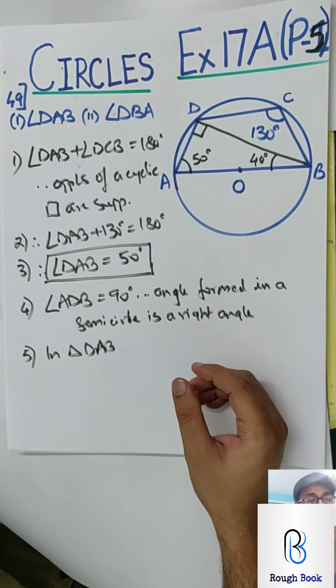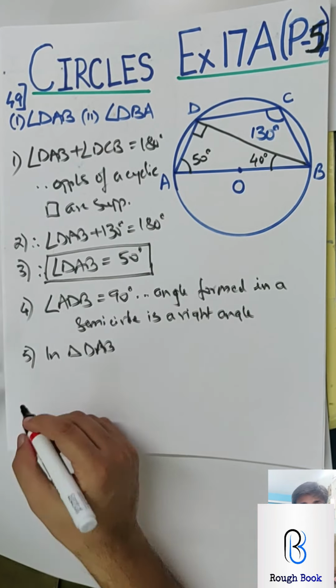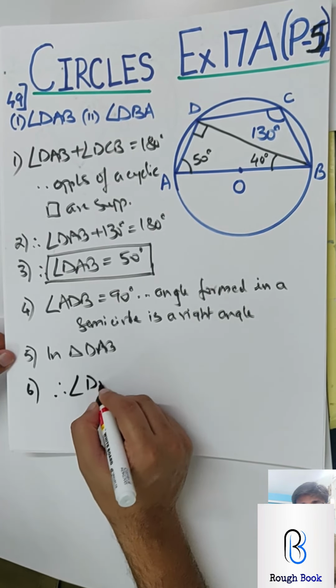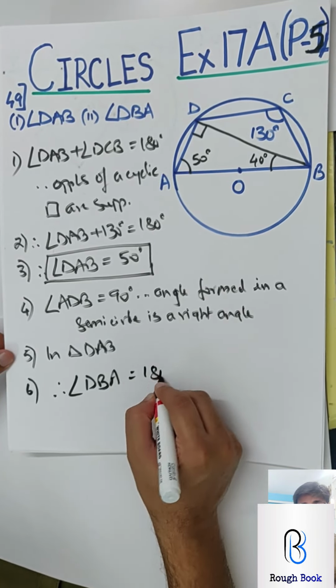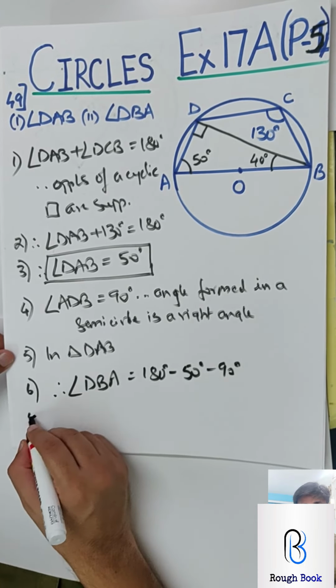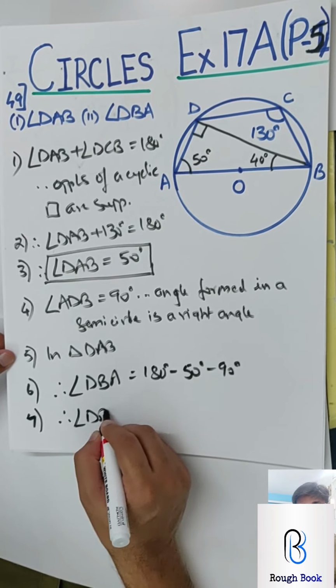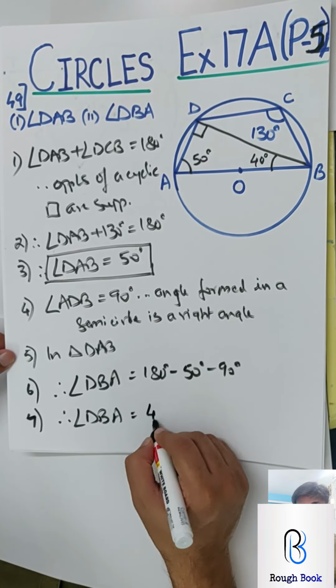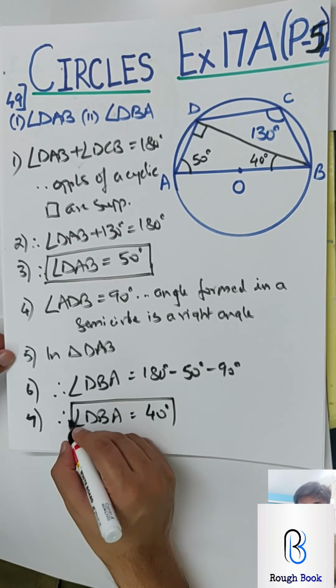So we are going to apply angle sum property again. So step 6, therefore angle DBA is equal to 180 minus 50 minus 90. So last step, therefore DBA is equal to 40 degrees. So we got our second part.